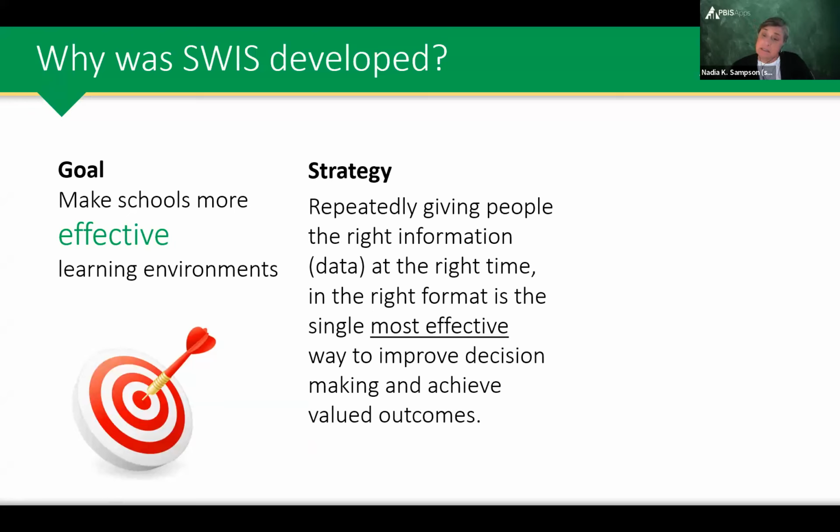A lot of times the systems that schools have been using, and still are using and are very important, are systems that really serve the needs of our state or district or even the feds. It's these state reportable offenses. It's a big picture. It's not precise. So SWIS gives you information that teams can use on the ground to get to better outcomes. And that's really important to remember.